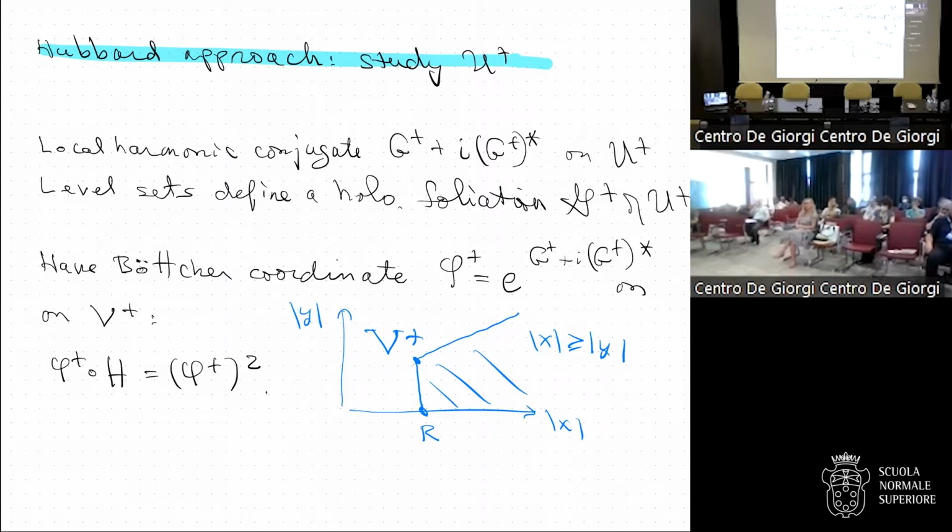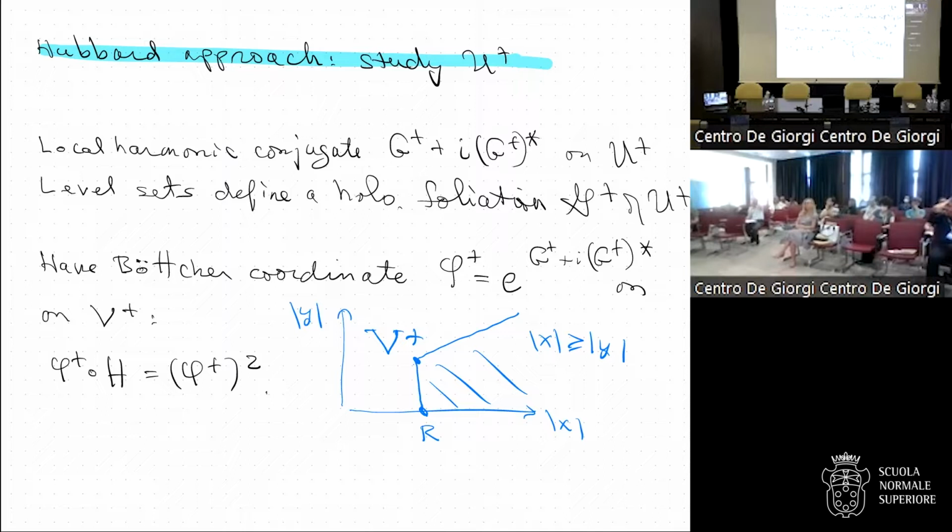Okay. Now, I said you have a local harmonic conjugate. Well, if you're inside of this region, you can see that there's exactly one non-trivial element of the fundamental group. And when you go around that element of the fundamental group, you come out by 2 pi. So when you exponentiate, you get a single valued analytic function.